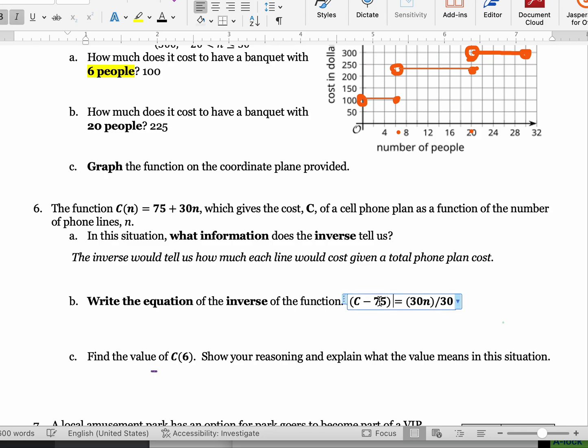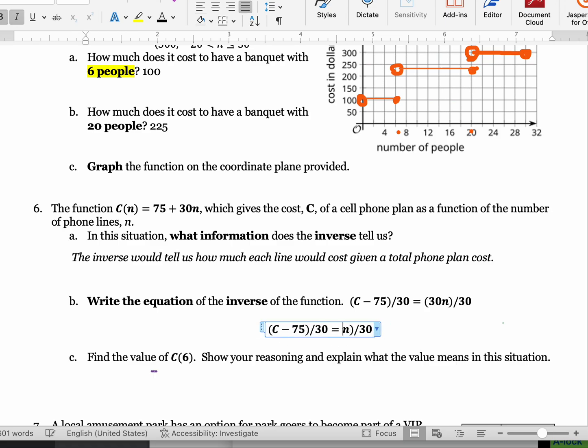Just to show you, I am going to isolate n because 30 divided by 30 is just 1. So your answer for your inverse equation should be c minus 75 over 30 equals n.